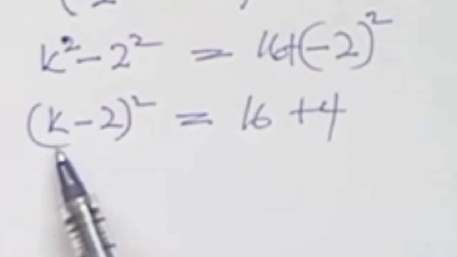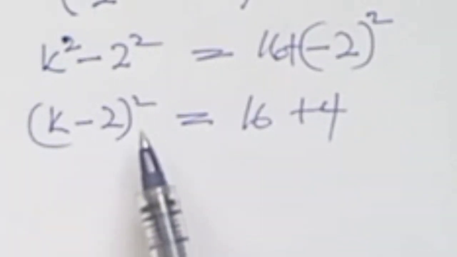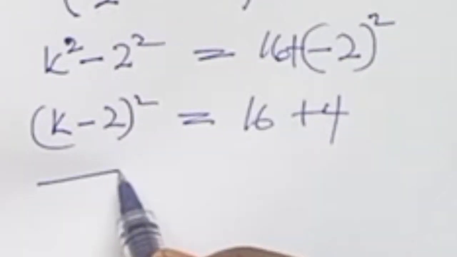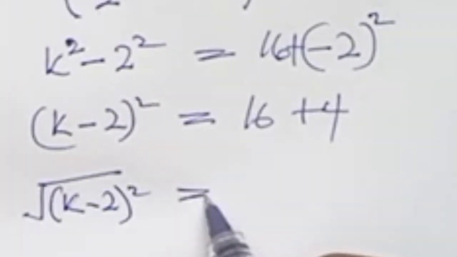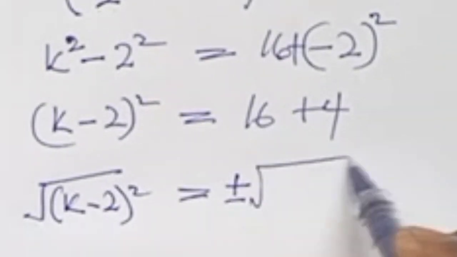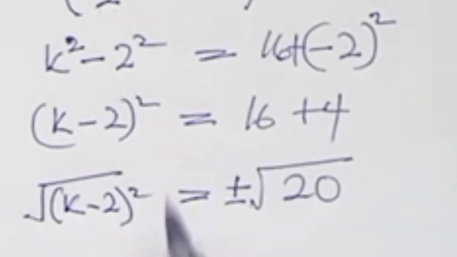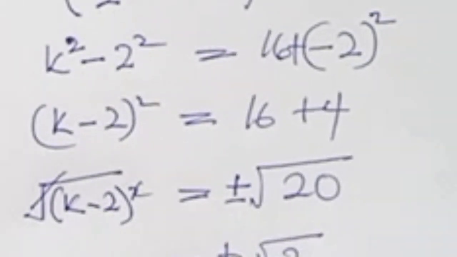Since k is the unknown, we have the responsibility of eliminating the square. So what we do is to take the square root of both sides as k minus 2 squared is equal to plus or minus square root of 20. 20 is 16 plus 4. So here, the square root can cancel the square, which means that k minus 2 is now equal to plus or minus square root of 20.